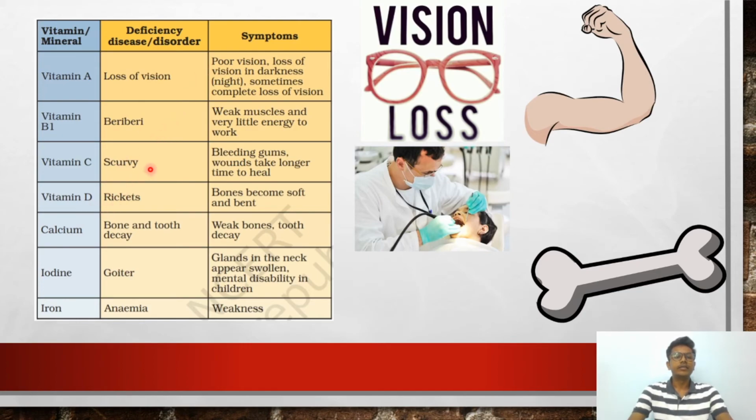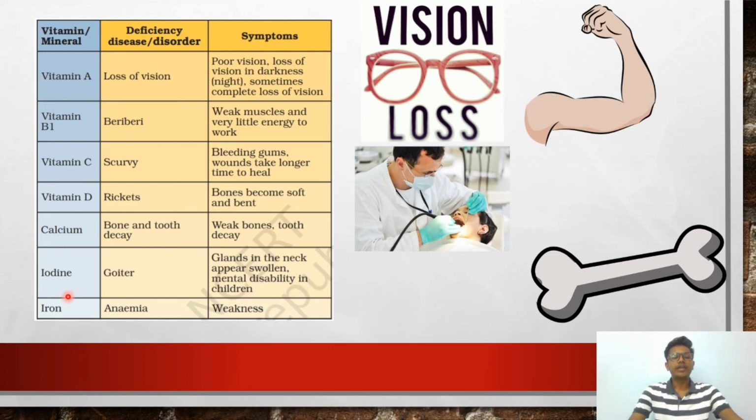Vitamin D: the deficiency disease due to lack of vitamin D is rickets, and the symptoms are bones become soft and bend. If our body is not having calcium, then bone and tooth can decay. The symptoms are weak bone and tooth decay.